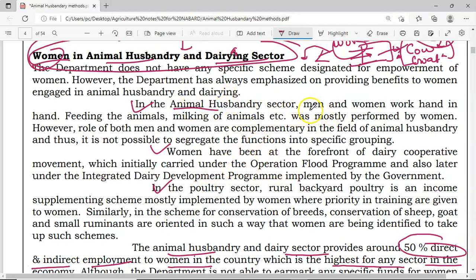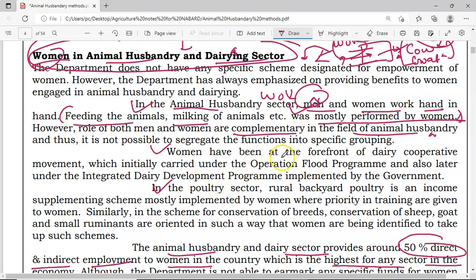In the animal husbandry sector, man and woman work hand in hand. They feed the animals. Milking of animals is mostly performed by the women, as I was telling with this example. However, the roles of both men and women are complementary in the field of animal husbandry. They are working together, but the major role is played by the women in this sector.